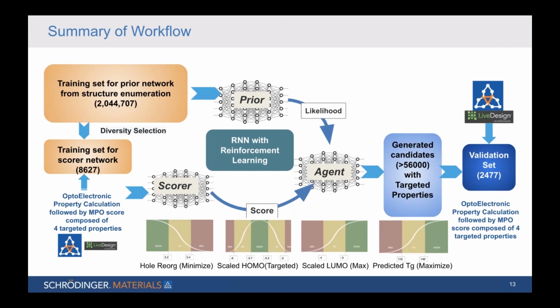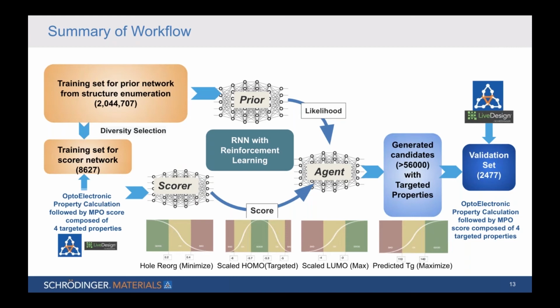With the MPO score, we always want to maximize, because maximizing it means we are trying to satisfy all the properties to the condition, whether it's a target value, or minimizing or maximizing at the individual property level.